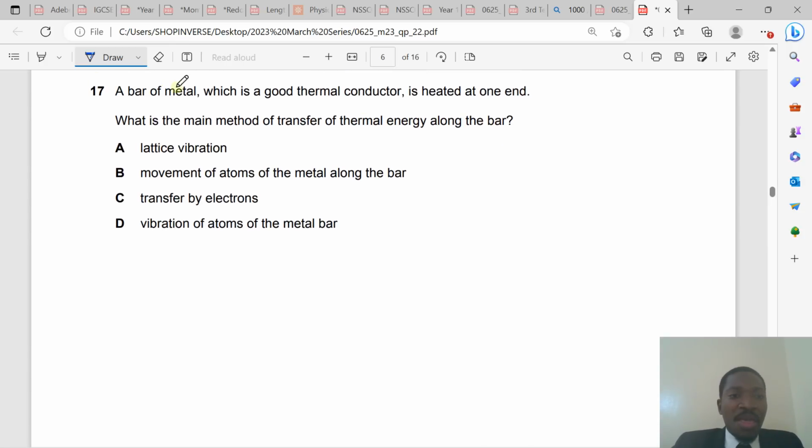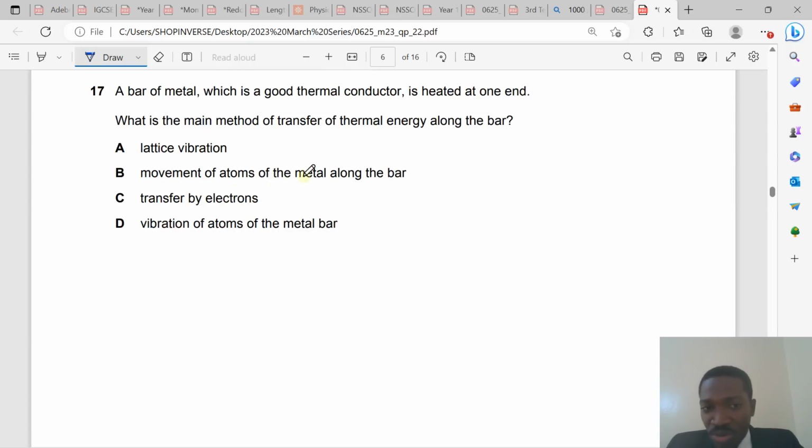Question 17. A bar of metal, which is a good thermal conductor, is heated at one end. What is the main method of transfer of thermal energy along the bar? You know, in solids, heat transfer is by conduction. And since it's a metal, metals have free electrons. So it is the free electrons that will help to transfer the thermal energy. Do not forget that in conduction, molecules vibrate, moving to and fro, hitting each other and transferring energy from one molecule to another.